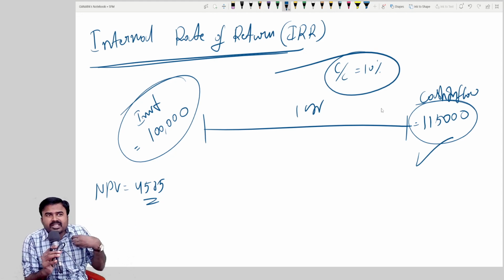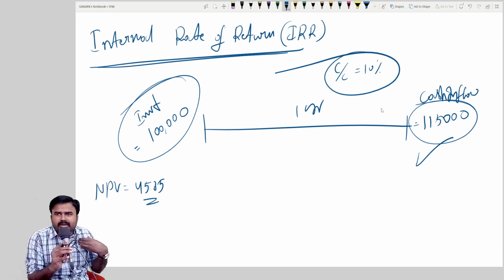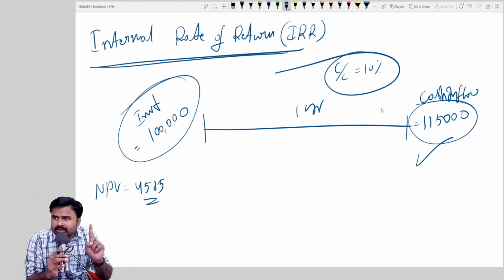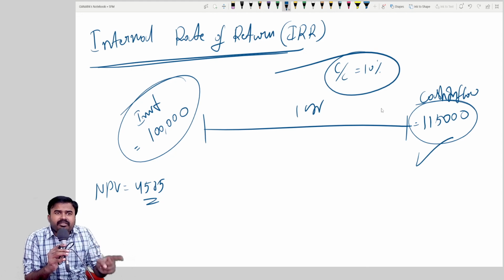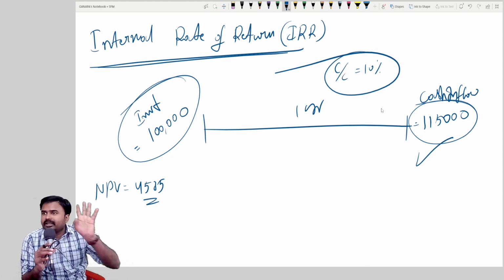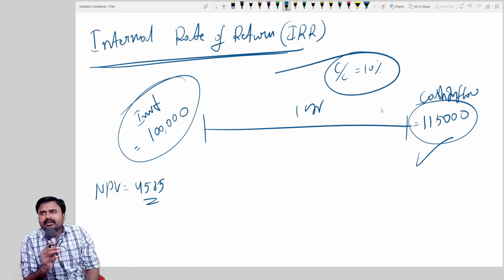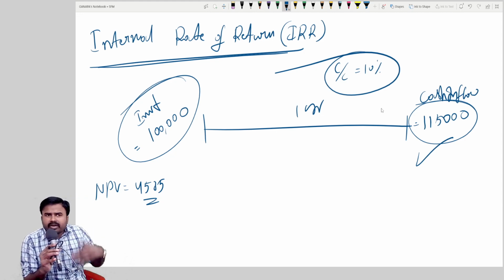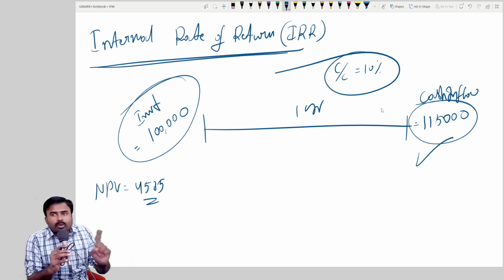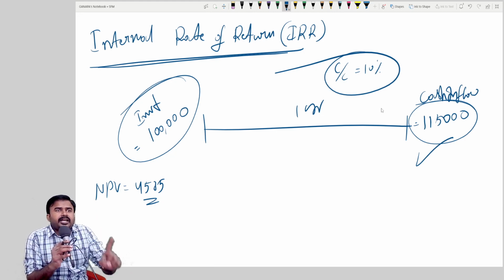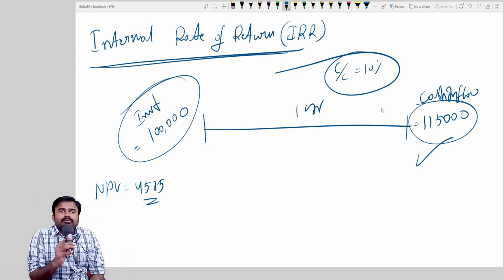In case our NPV is positive, then that means such project has the capacity to recover our investment along with cost of capital. If NPV is positive, that doesn't mean that we are just earning a 10% rate of return only. Actually, in every project, whatever return we are expecting is known as cost of capital. That means 10% is the rate of return we are expecting, but the project may give you some other return.